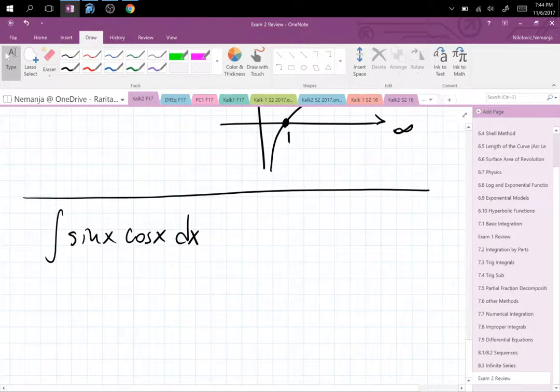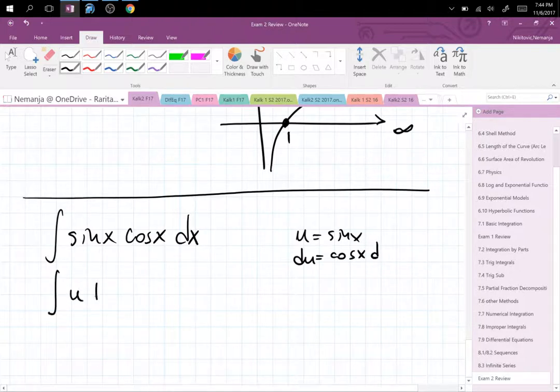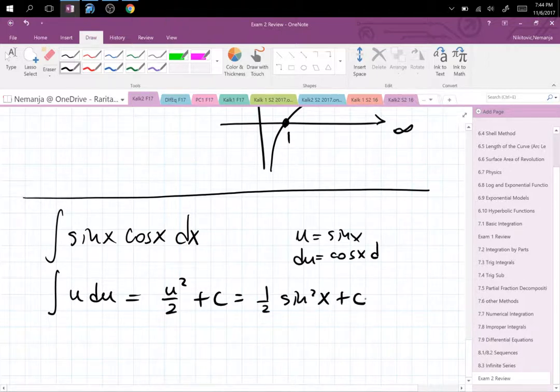So u equals sine x because du is equal to cosine x dx. You have the integral of u du, which is u squared over 2 plus c, so it's 1/2 sine squared x plus c, right?